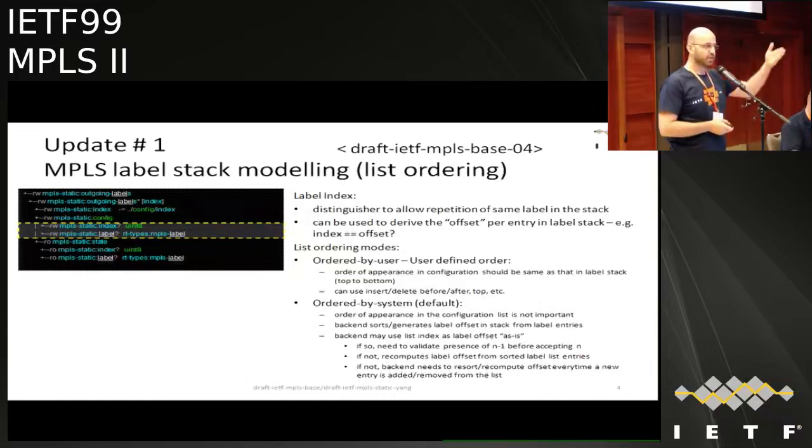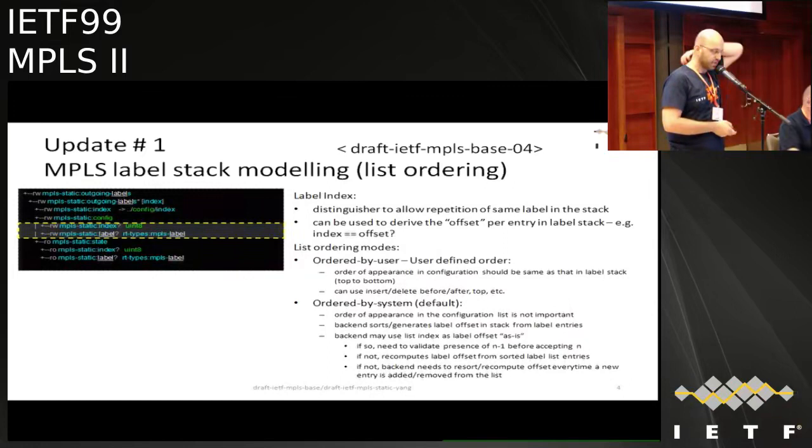Let's say, for example, the index is not contiguous. They can sort by index, generate an offset from that, and produce the label stack. Obviously, every time we add a label to that list, the backend has to do some sorting to produce the final set of labels to push or update on the packet. So these are the two modes that we tried to discuss.